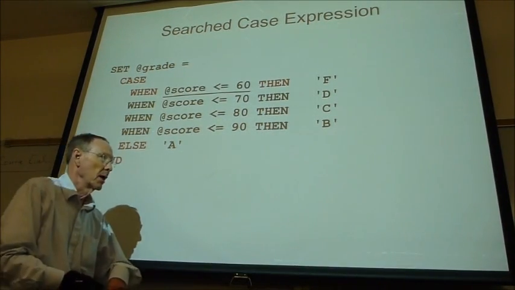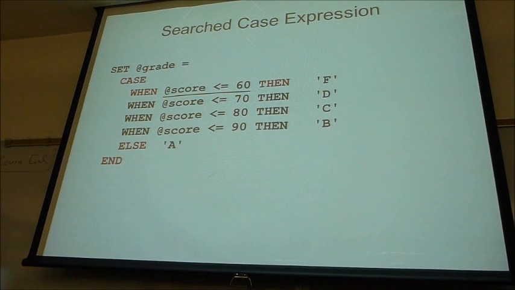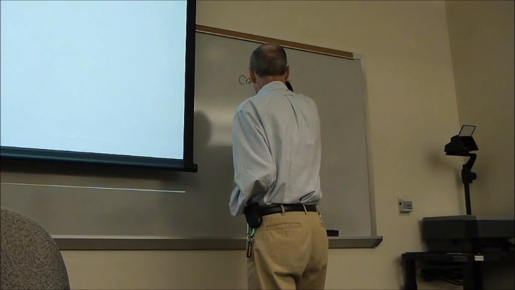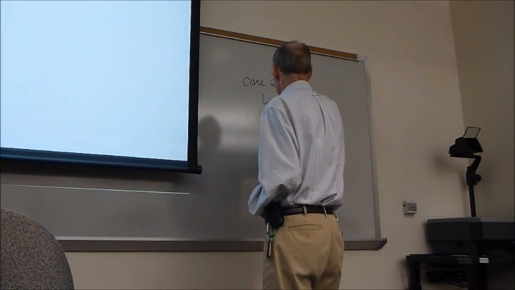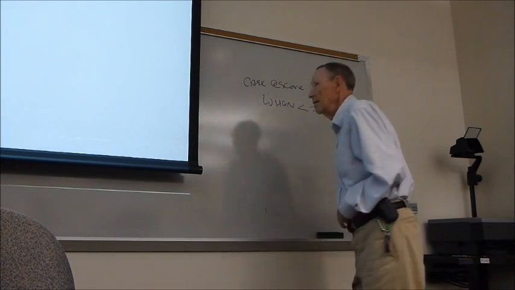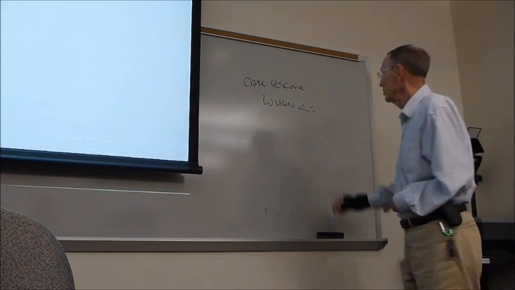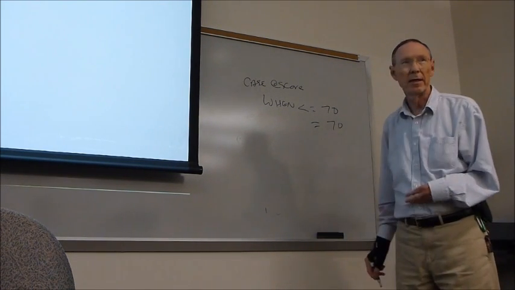Now you might think, well, why can't I have maybe a statement like this, like case, at score, and then we have the when, and then we'll use inequality comparison 70, it could have been equality comparison 70 or something like that.